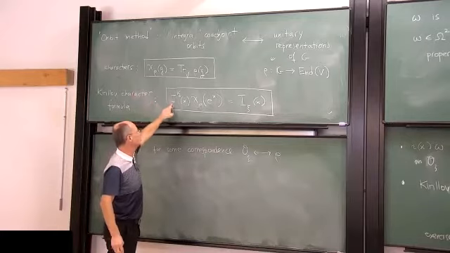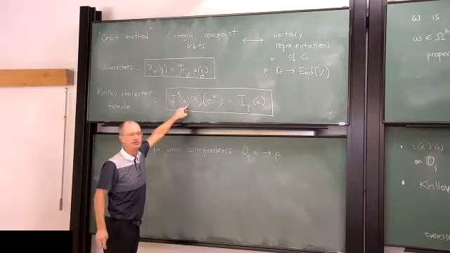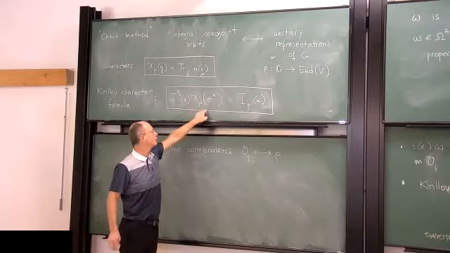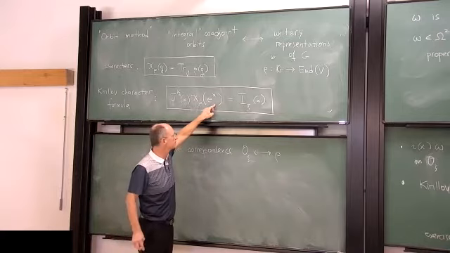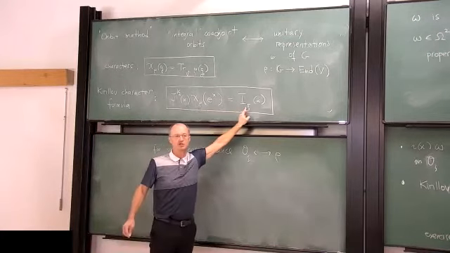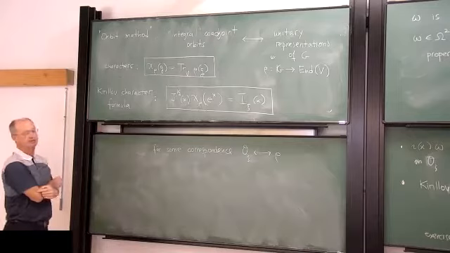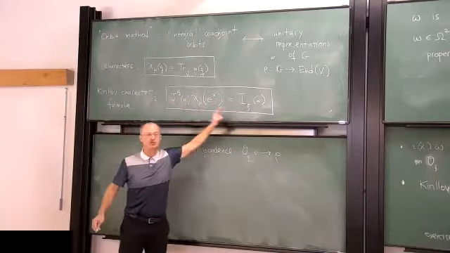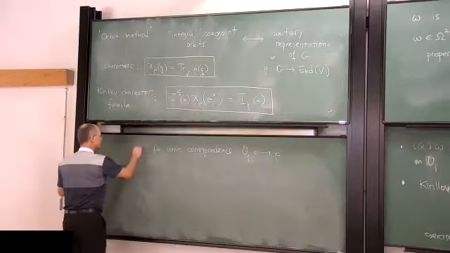So the formula j to the one half of x, j to the one half is at the moment something which is not yet defined. It will appear on the lower blackboard in some seconds, times the character chi_rho of exponential of x. Exponential of x is a group element which corresponds under the exponential map to the Lie algebra element small x, is equal to the orbital integral I_psi of x. So that's the Kirillov character formula. So it suggests that there is some correspondence between the orbits and the representations.